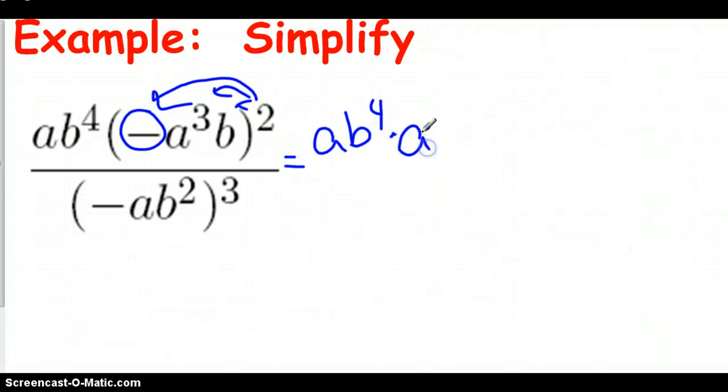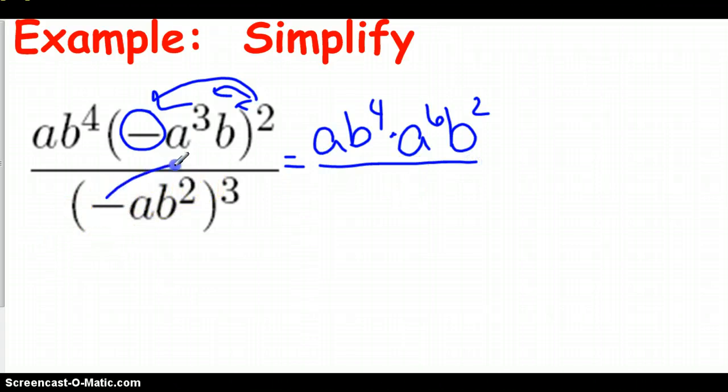So you have a, remember you multiply the exponents, 3 times 2 would be 6, b to the 2nd. Do the same for the bottom, but this one has a negative to an odd power, so that one's going to be negative. 3 times 1 would be a cubed, and then 2 times 3 would be b to the 6th.